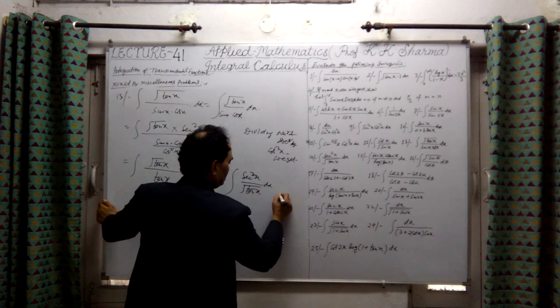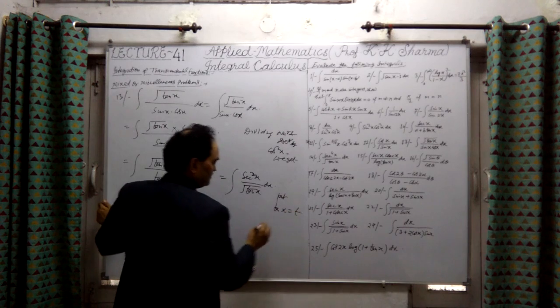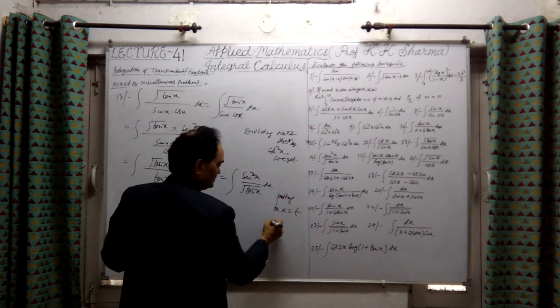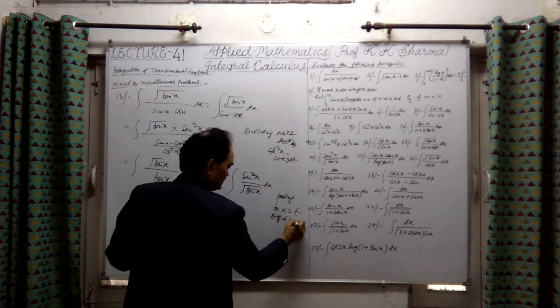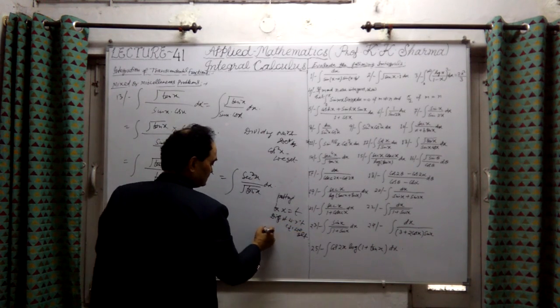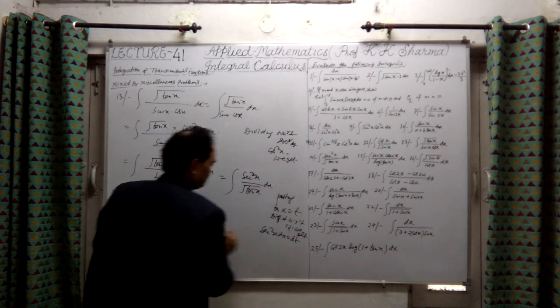Okay. Now putting tan x equal to t. Differentiating it with respect to x, we get here sec square x into dx equal to dt.